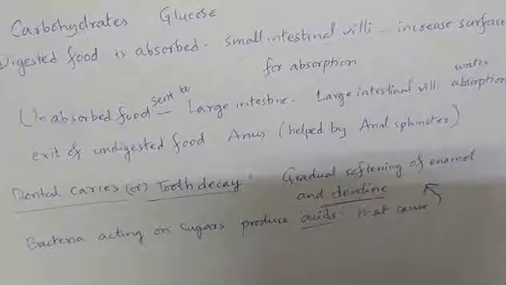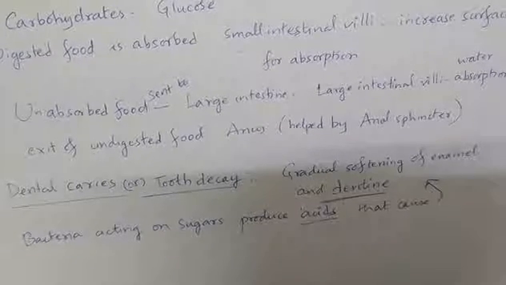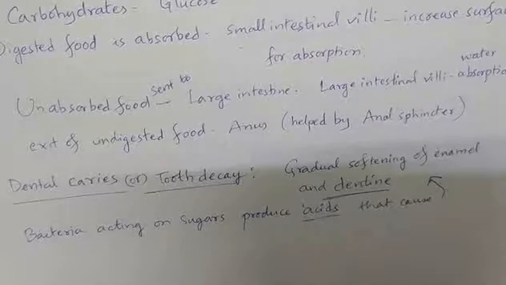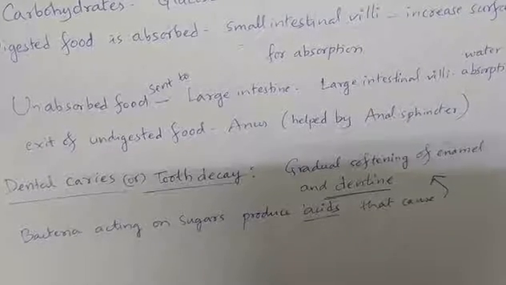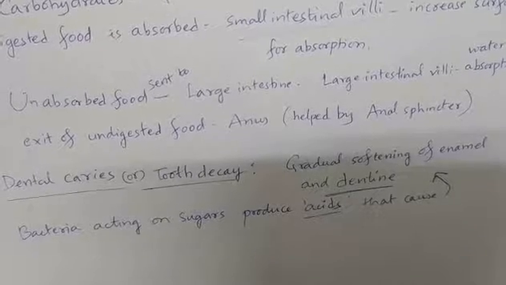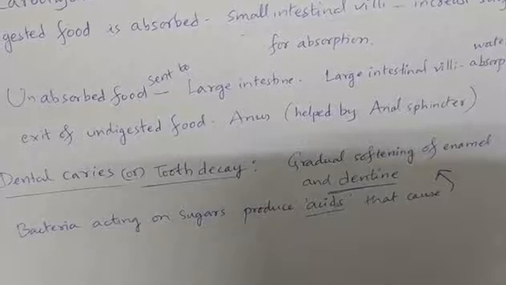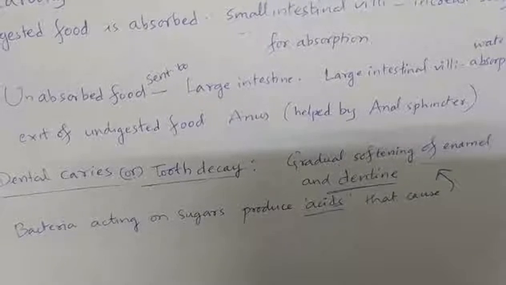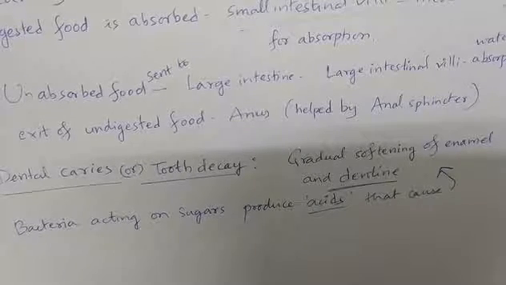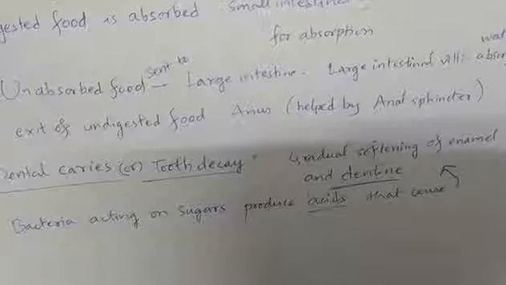Here, one particular point, dental caries or tooth decay. The gradual softening of enamel and dentine is known as dental caries. Many bacteria are present in our mouth. If food particles are trapped in between the gaps, the bacteria present in our mouth act on the sugars of the food and release acids.